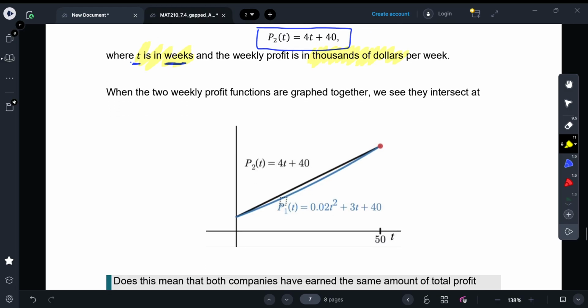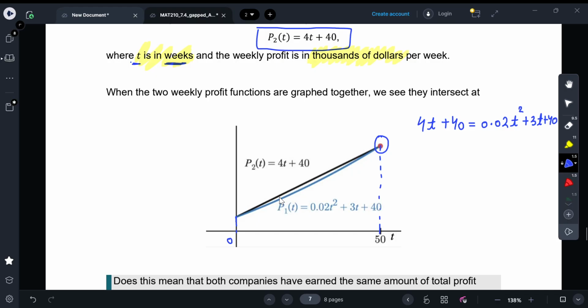When the two weekly profit functions are graphed together, we see they intersect at, well, you can see from the graph, this is where they match, intersect at 50 and 240, right? You could also find the intersection point by making the two functions equal to each other. 0.02t² + 3t + 40, and then moving everything to one side, solving the quadratic just like I did above.